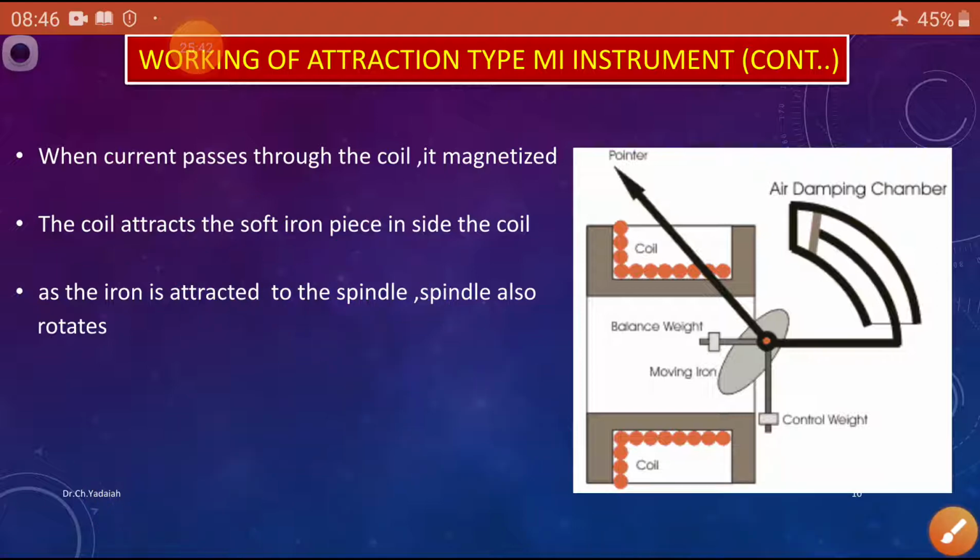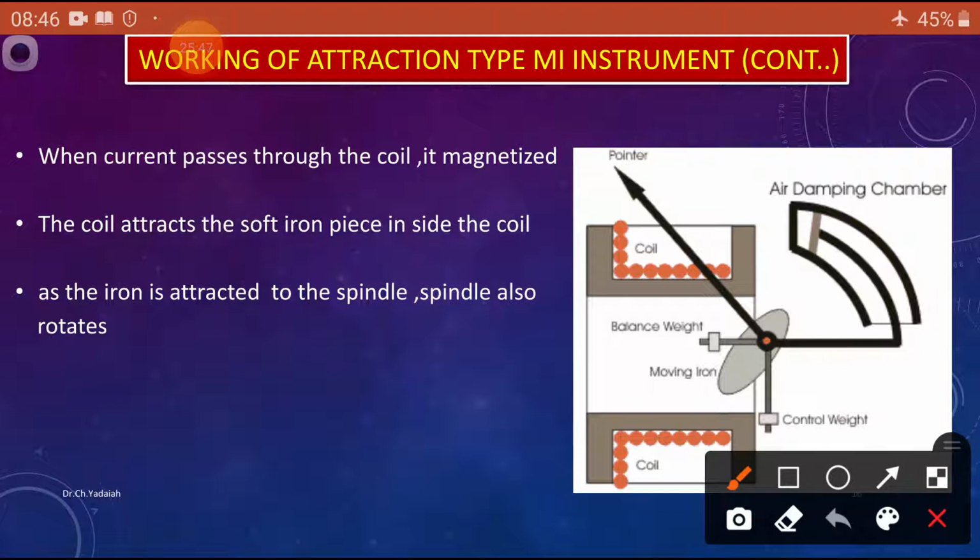Okay, that means here what has happened? Initially the pointer is at the zero condition. Once the coil is magnetized, it tries to attract the iron piece inside the coil. Then the iron piece comes inside the coil, and it is attached to the spindle. The spindle will move in the clockwise direction.